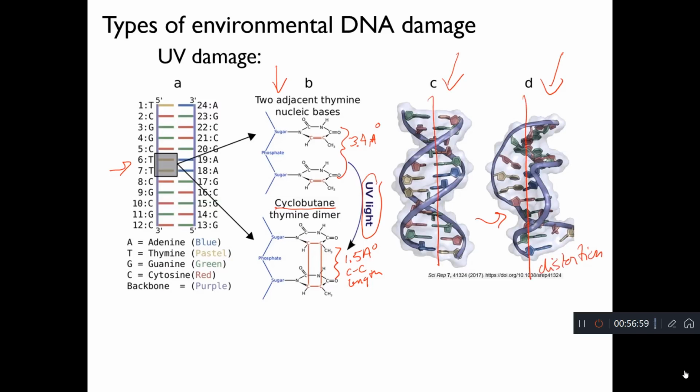that's occurring. And then perhaps more importantly, these UV lesions are physical impediments to the passage of polymerases. So both DNA and RNA polymerases are unable to readily bypass these types of lesions.